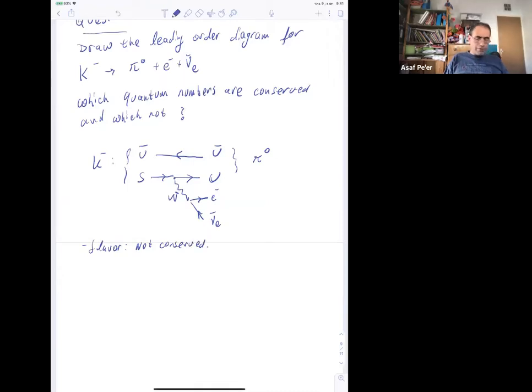Of course, that's always the case when we have anything involved with a W. Also, the quark family number is not conserved, because it involves quarks from different generations. The s quark is a second generation. So quark family number is not conserved.